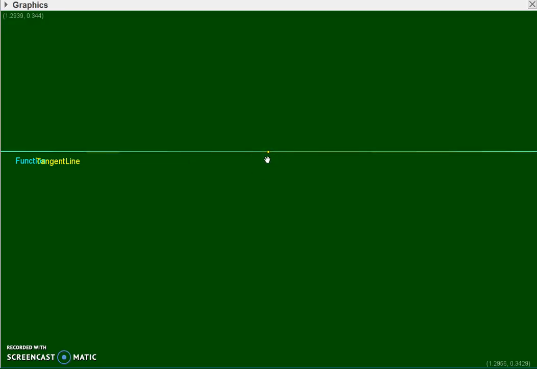So that's this idea of local linearity, that if we get arbitrarily close to any particular point on that function, the tangent line is a close enough approximation to that function so that we can solve most any practical problems with it.